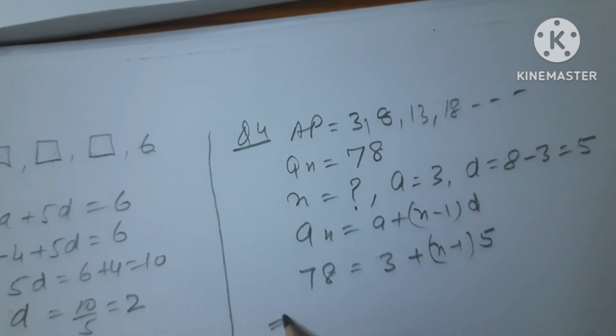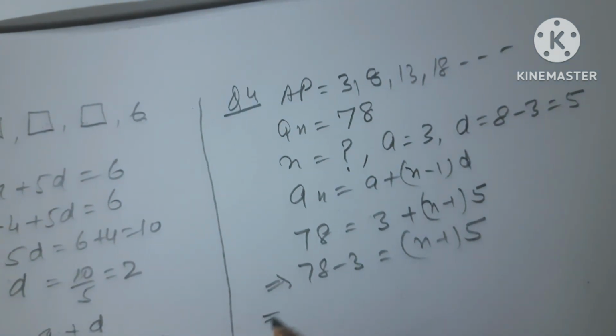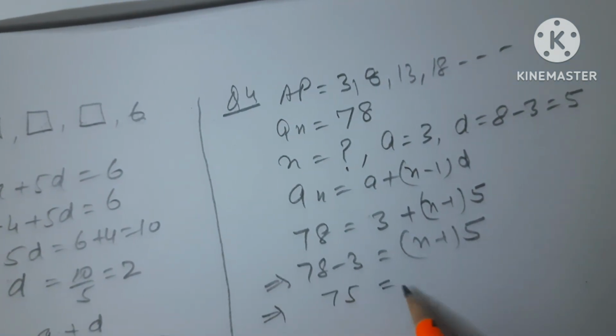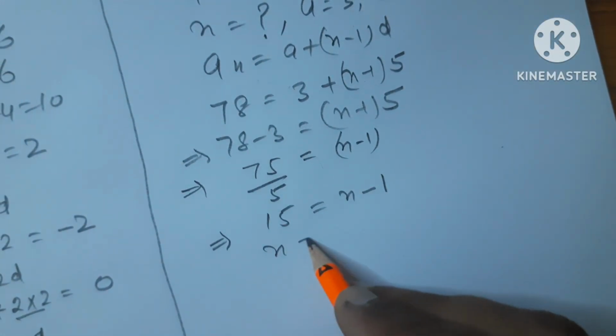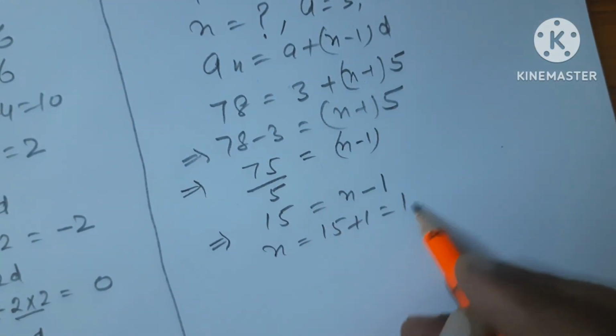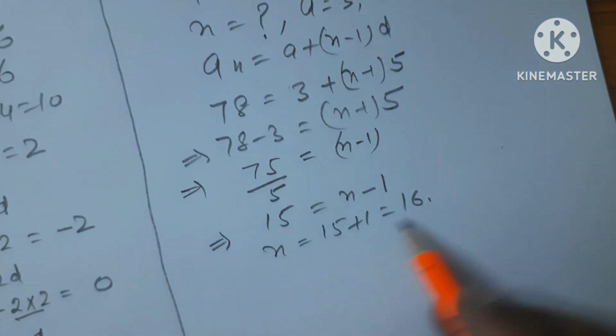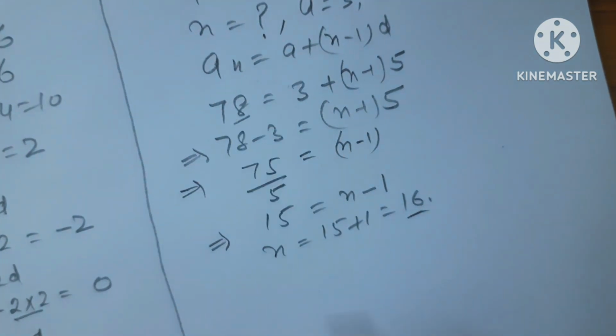That means 78 minus 3 is equal to n minus 1 into 5. 75 is equal to n minus 1 times 5, so 15 is equal to n minus 1. N is equal to 15 plus 1, which is 16. So the 16th term is 78.